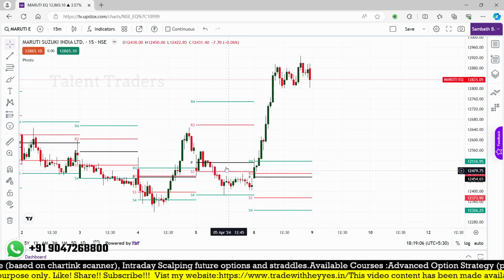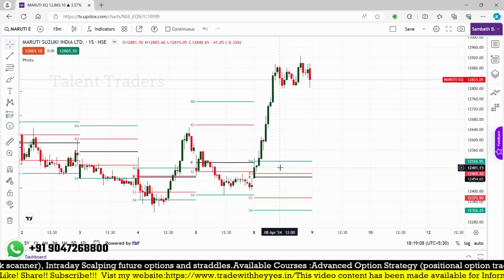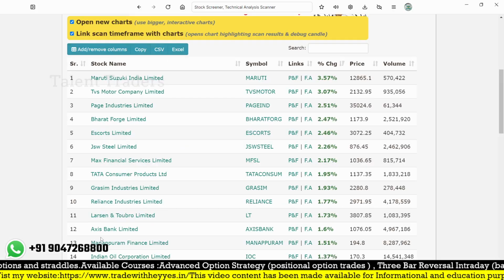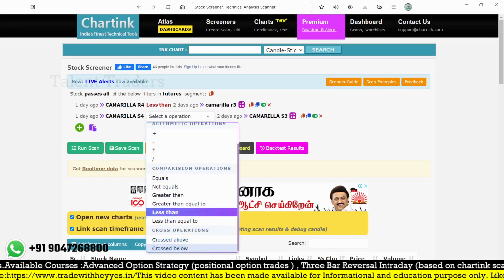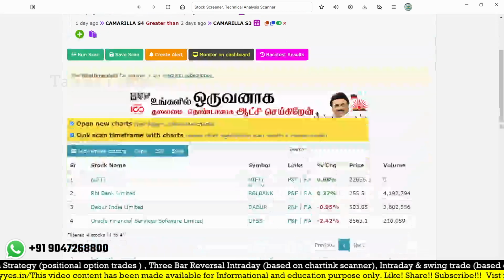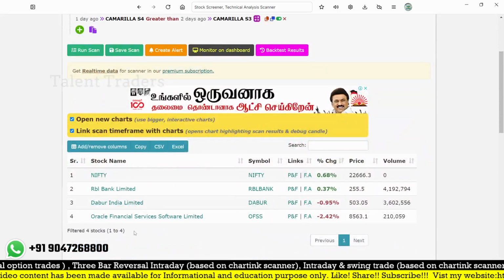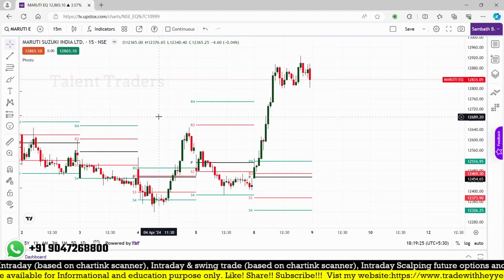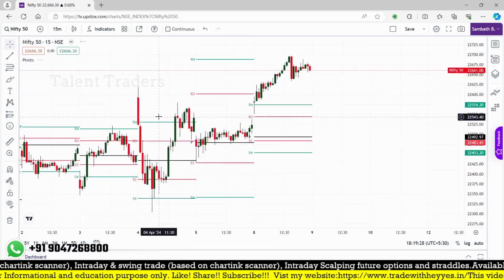So what's happening here? Maruti is showing like this. 1 day ago, here is the problem. So greater than. Okay, well, live creation. Nifty, RBL Bank, Dabur, these are all the stocks. Let me check Nifty, the four stocks.